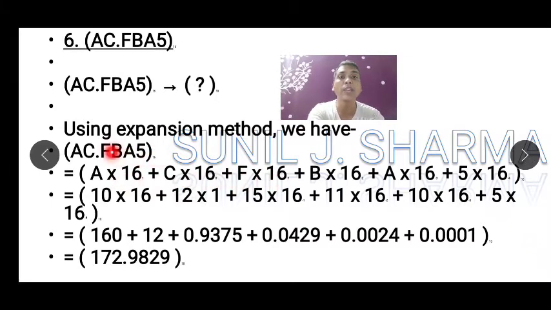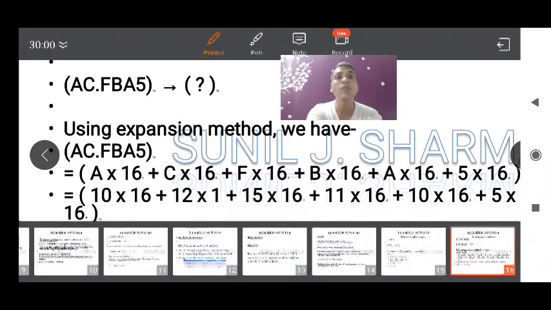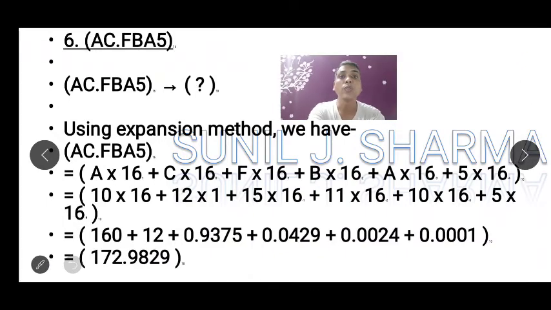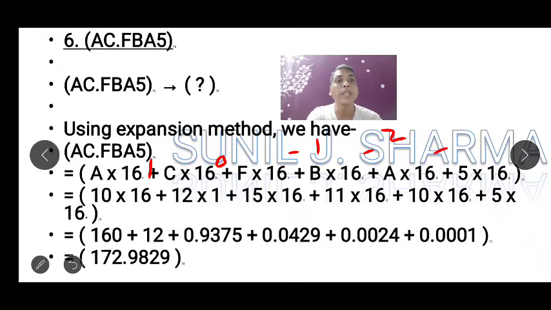When you go to the F and B, this is the fractional part, so you have to write 16 raised to minus 1 and so on. For AC, this is 16 raised to 0 and this is 16 raised to 1. Then F is 16 raised to minus 1, then 16 raised to minus 2, minus 3, minus 4.